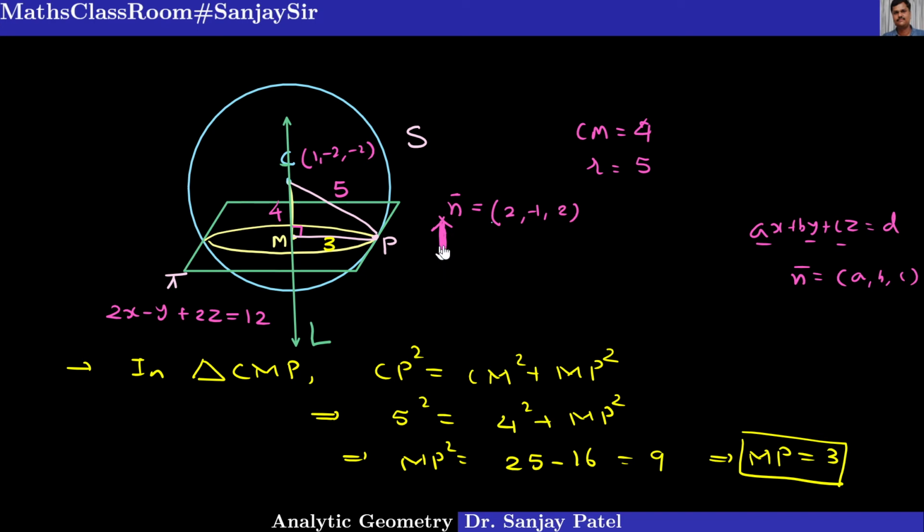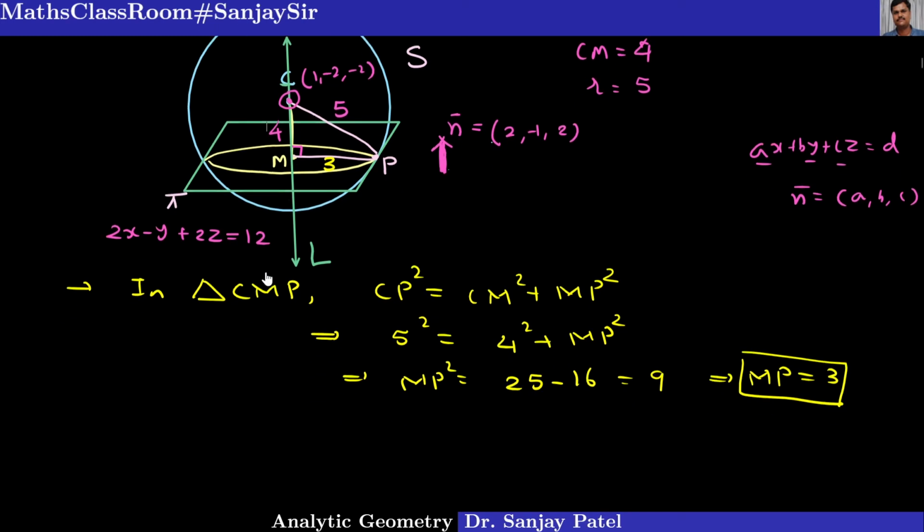So I'll be taking the direction of this line as (2, -1, 2). Also you note that this line is passing through this center whose coordinates are also known to us, (1, -2, -2). So it is clear that if you have a point in R3 and the direction of a line passing through that point, you can write down the equation of that line immediately.